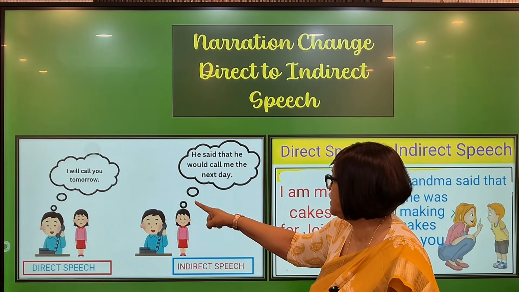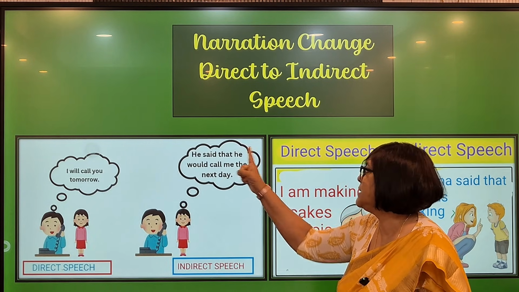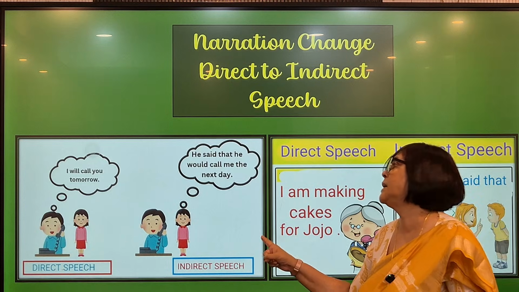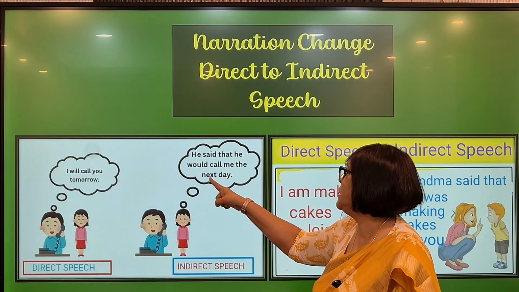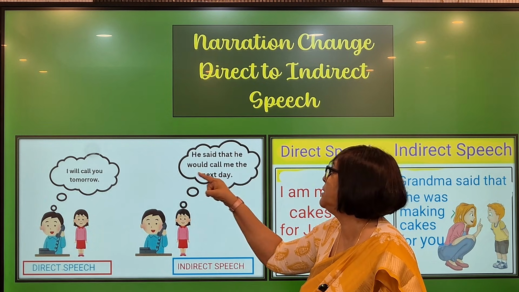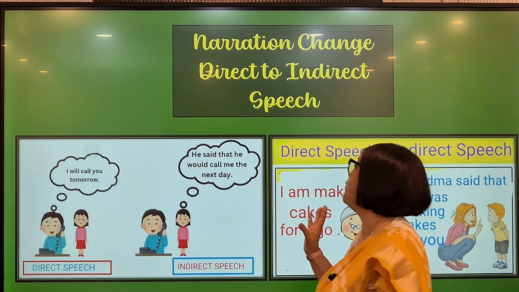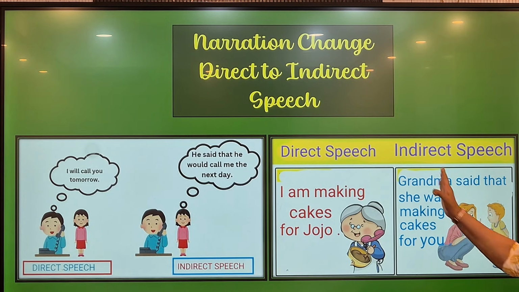And when this person is narrating the thing, she is saying, he said that he would call me the next day. So you see there is a change in pronoun. There is a change in these words, we say the near words become far words. So these are some of the changes which can be noted. Similarly, I'm making cakes for Jojo.